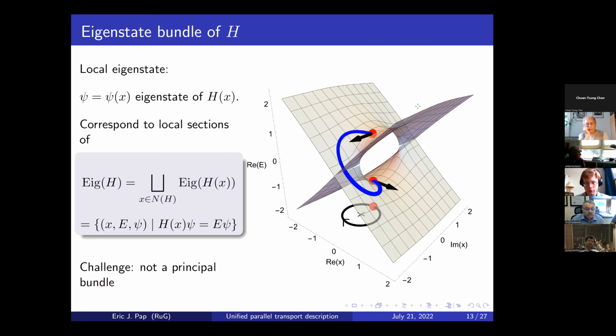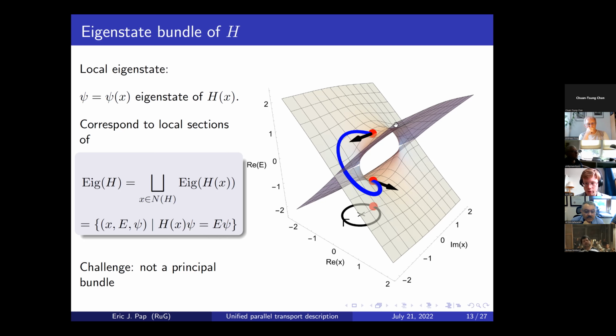And so here we find one major challenge, namely that this bundle Eig-H is not a principal bundle like the usual form. And the reason why is that the group here is non-zero complex scalars, like scaling your eigenstate, because if I scale an eigenstate, I again get an eigenstate.